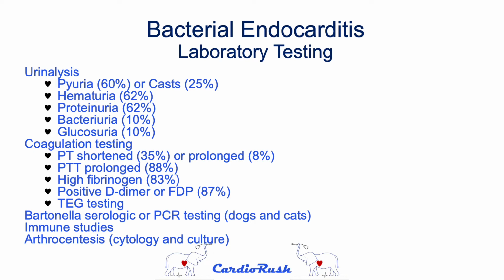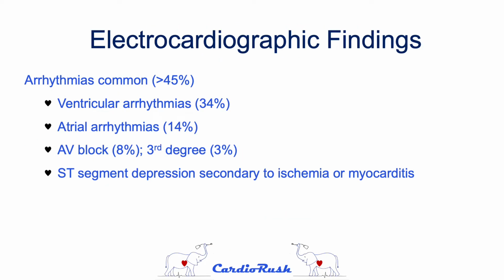Studies to look for immune-mediated disease are commonly done, as these cases can mimic immune-mediated disease processes, and sometimes those tests will be positive, leading to a misdiagnosis of immune-mediated disorder. And you may want to tap a joint, arthrocentesis, to look at both cytology and culture to see whether there might be a polyarthropathy or a septic arthropathy present.